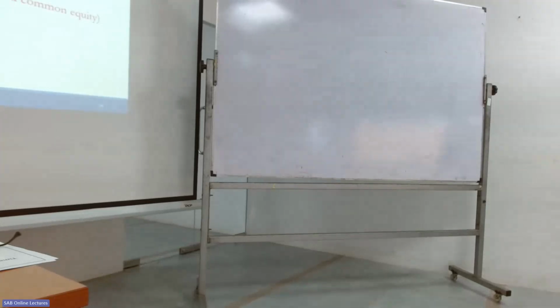Now if I ask a question about the internal equity part, the cost of retained earnings. Retained earnings means that the company earned profit, internally generated profit. That is the internal equity. Is there a cost for that? What is the cost?